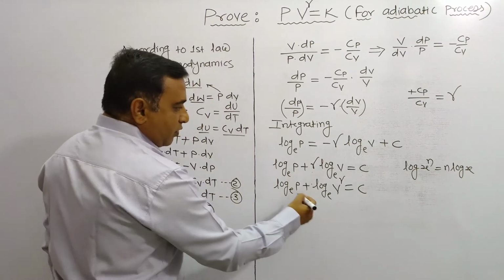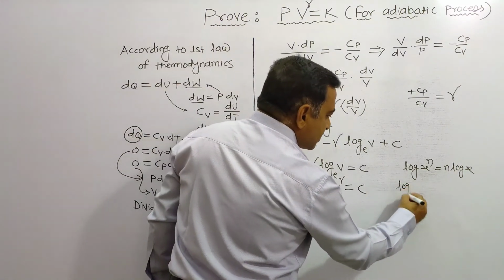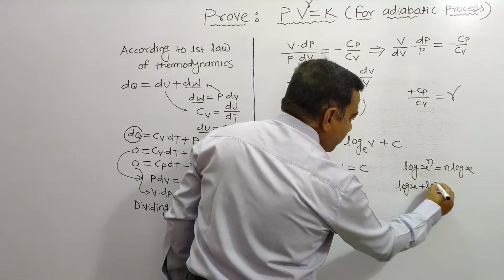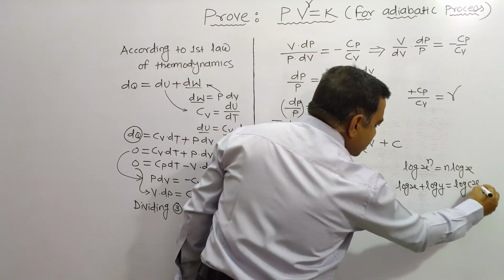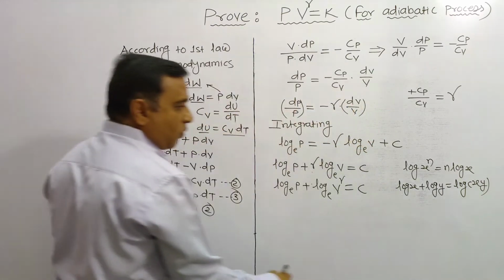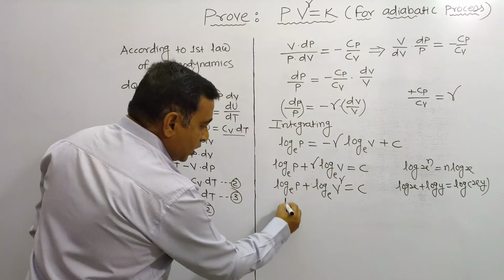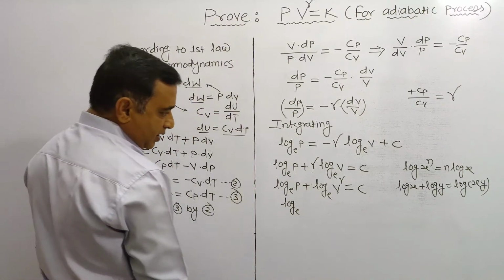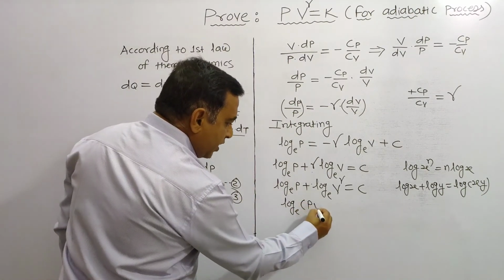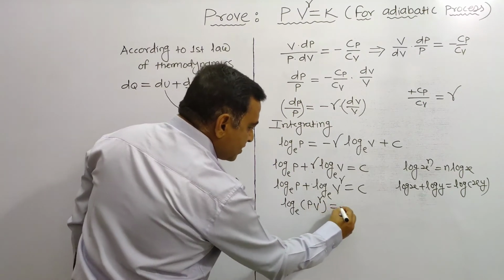We know very well that log of x plus log of y is equal to log of x into y. According to this rule, log to the base e of P V raised to power gamma is equal to c.